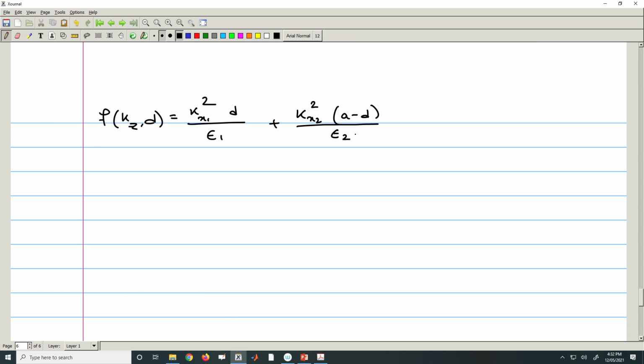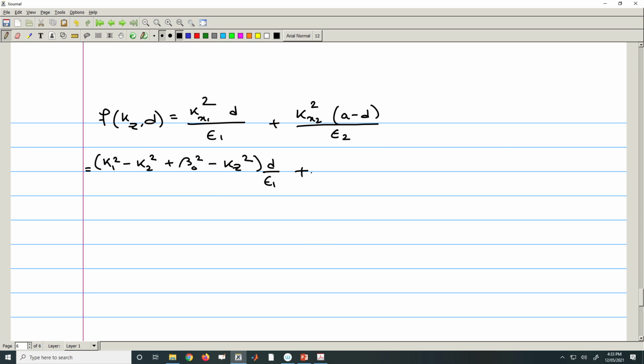So, now we will substitute the values that we obtained for k x 1 and k x 2 in this equation. In place of k x 1 square, we will substitute equation number 7, that is k 1 square minus k 2 square plus beta naught square minus k z square, and this is multiplied by d upon epsilon 1.